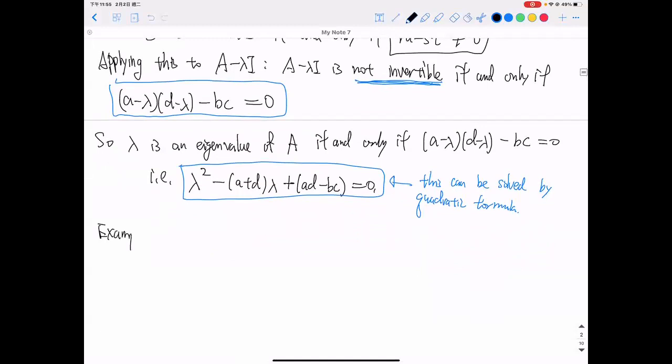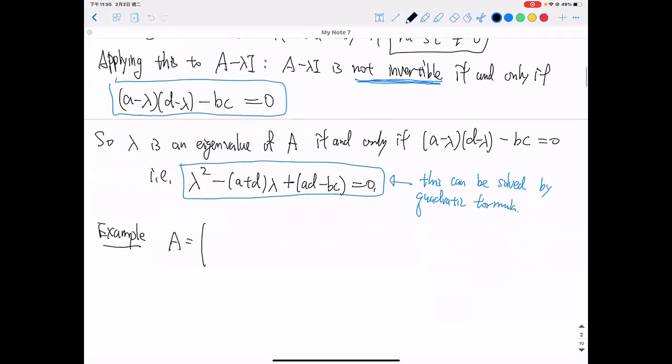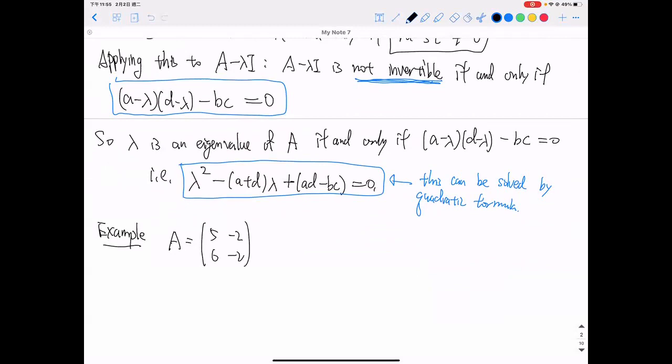Now let's look at some examples. In fact, just one example. So let's say A is like that. And I want to find its eigenvalues and eigenvectors.